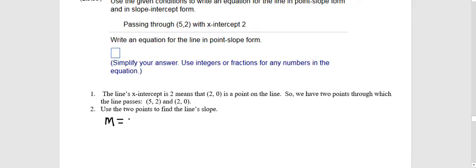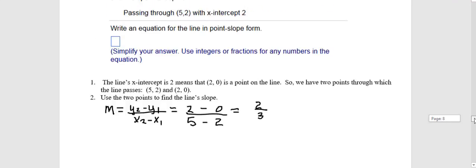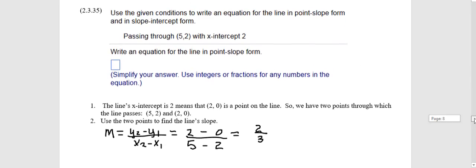So the slope is y2 minus y1 over x2 minus x1. I'm going to let x2, y2 be the point 5, 2. So I put the 2 first in the numerator, then the 5 that corresponds with it as x has to be first in the denominator.